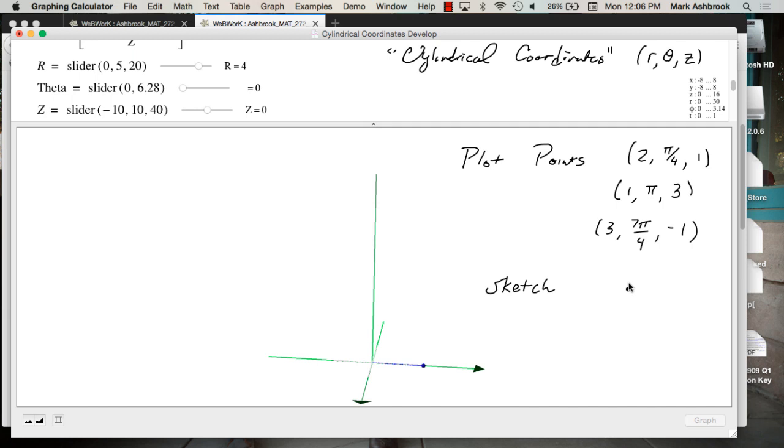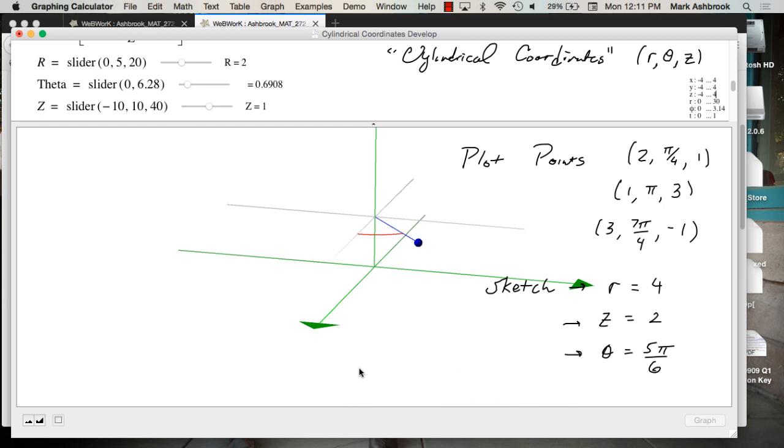And then sketch. Plot 3 points and sketch the representations of these 3 statements. R equals 4, Z equals 2, theta equals 5 pi over 6. What would those mean?